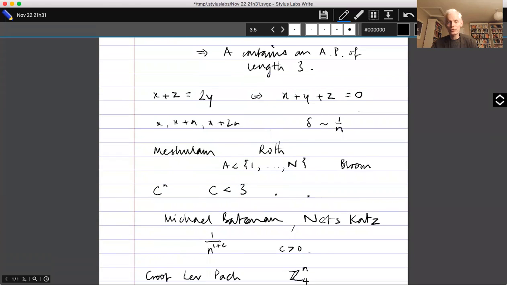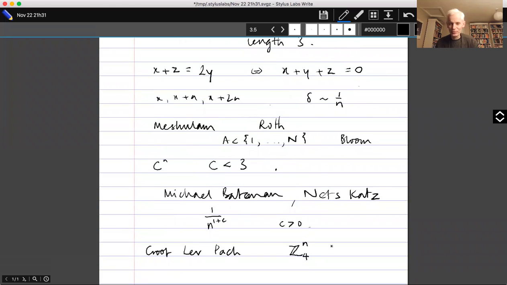But that proof used somehow the fact that 4 has a factor 2 in some funny way, and so it looked as though that was a very interesting proof, but maybe just a curiosity.